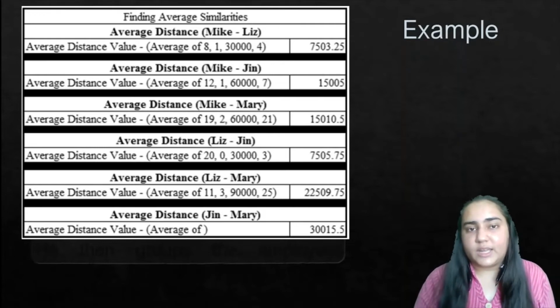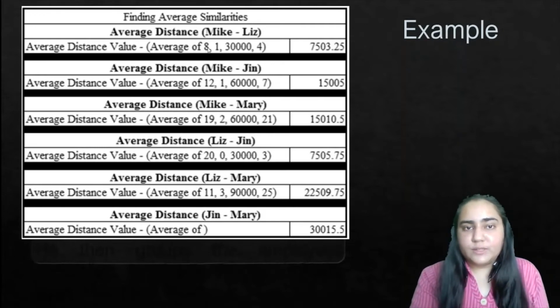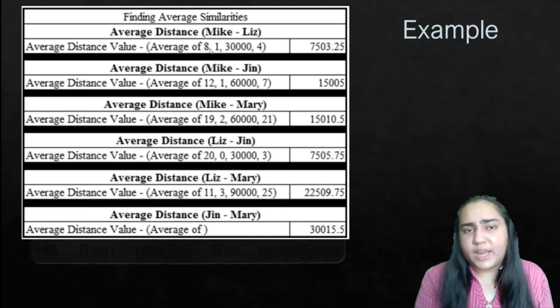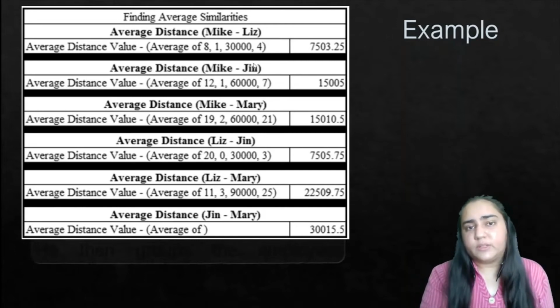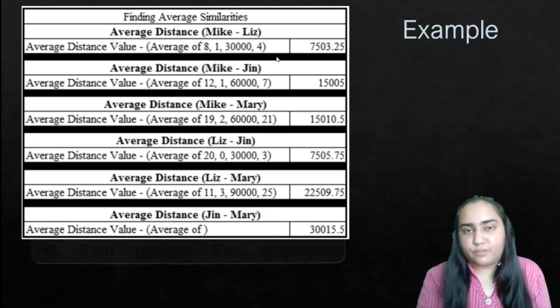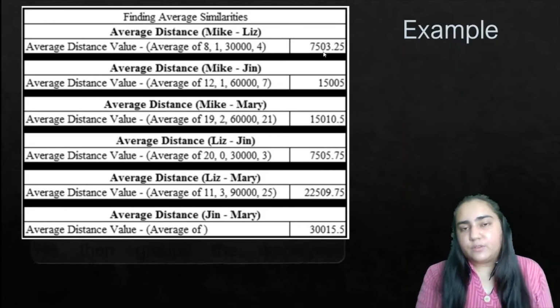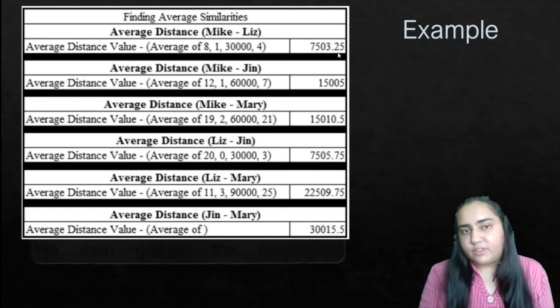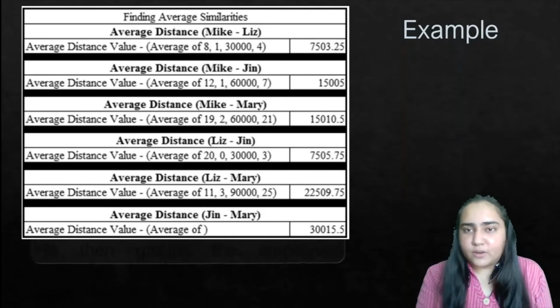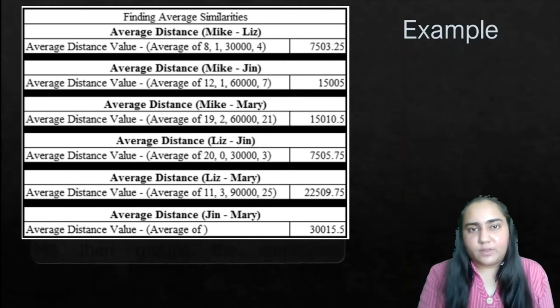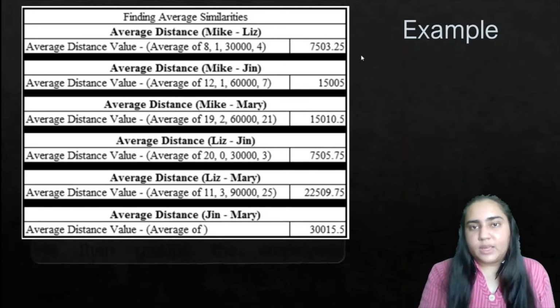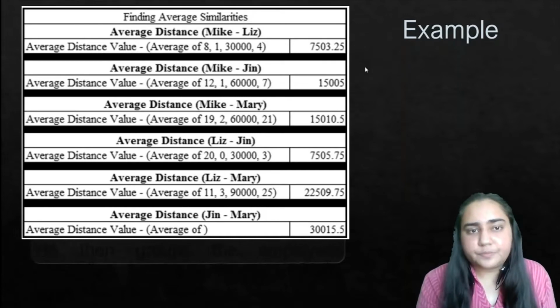Now we'll take an average of that, which means you add 8 plus 1 plus 30,000 plus 4, divide that by 4, because there are 4 values, and that would get you 7,503.25. It doesn't matter that all these attributes are different and essentially cannot be added together, but you're going to add them and take the average, and what you get is some big number.